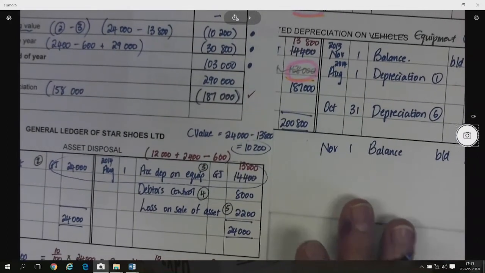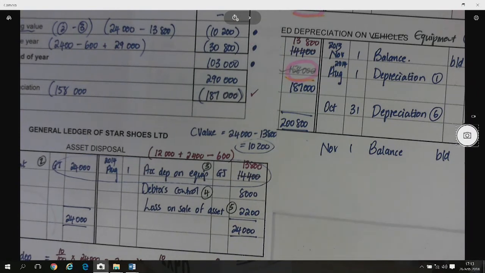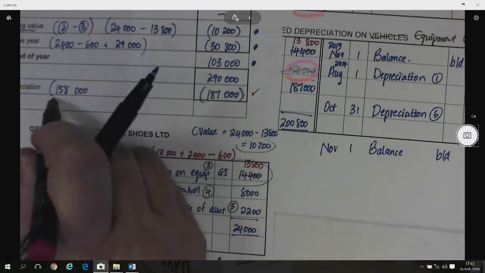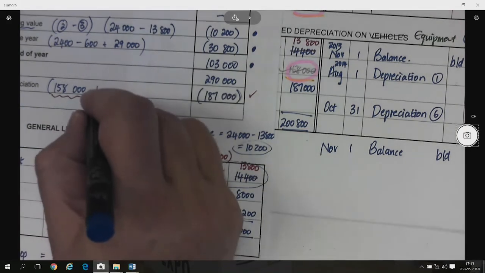I will say the 158 was given to us. So I will say, okay, just plus the 29,000.